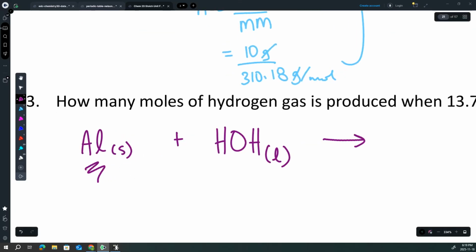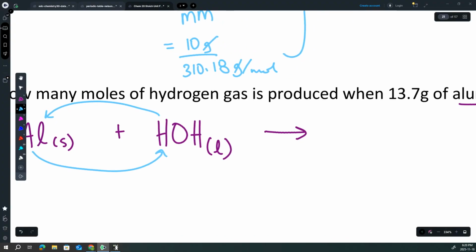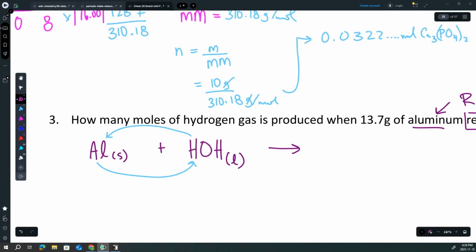So with water, keep in mind I'm treating it as hydrogen and then hydroxide. Okay, so I'm going to be switching aluminum with the first hydrogen. They are switching spots. Okay, so what I'm going to get out of this is aluminum's going to live with hydroxide, so that's aluminum hydroxide.